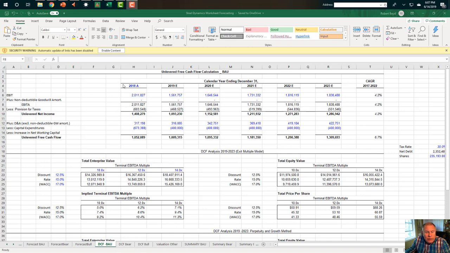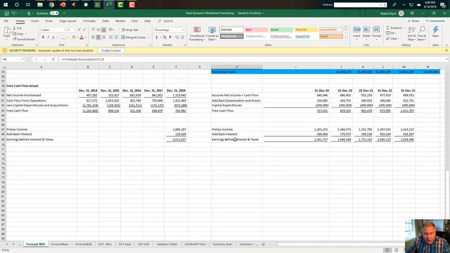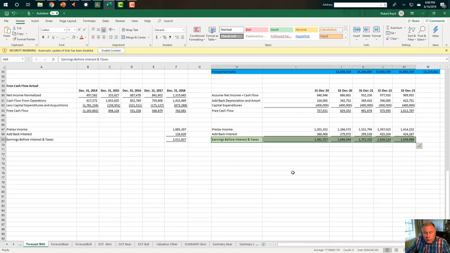So what I have done is built a worksheet for you so that you just have to bring in the earnings before interest and taxes from your forecast. And if you go over to your forecast BAU, we come down and here's our earnings right here. We'll just highlight that for you. Our earnings before interest and taxes.